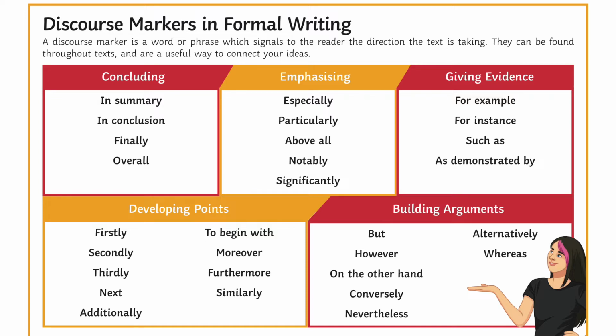If you are moving from an explanation to giving evidence, you can use markers like for example, for instance, such as, demonstrated by. Note that these are not the only discourse markers. You can Google, you can read, you can do further reading to find out other discourse markers.